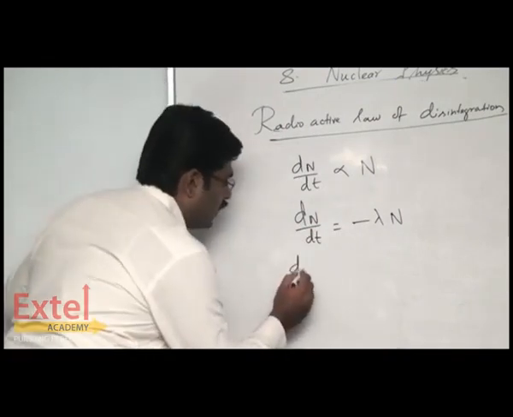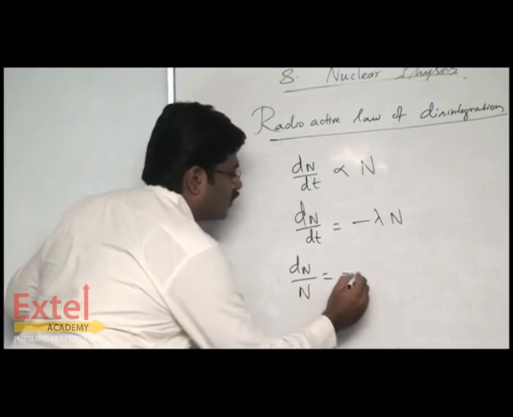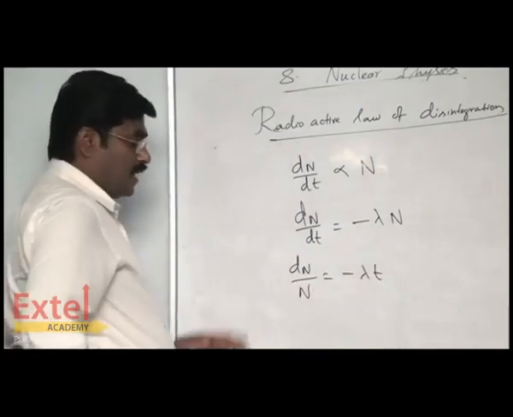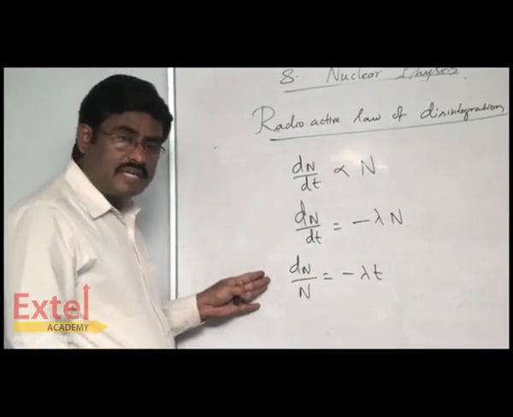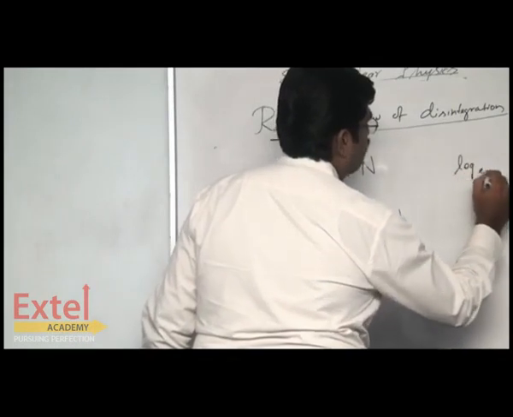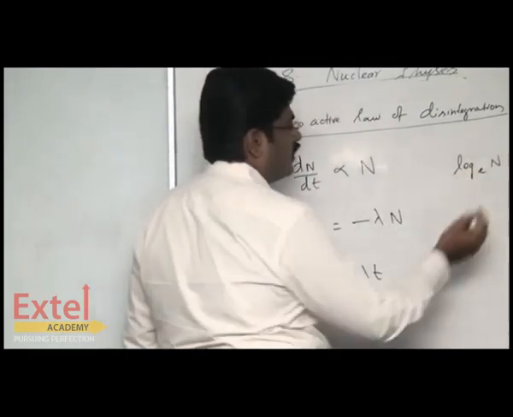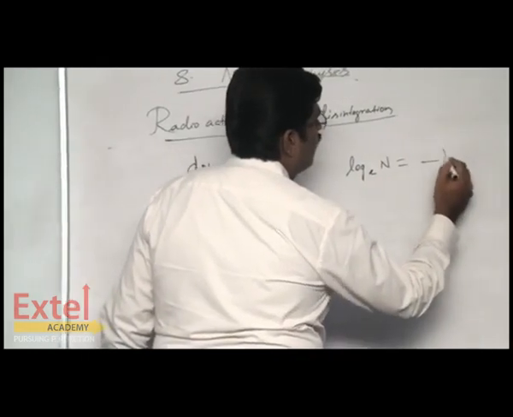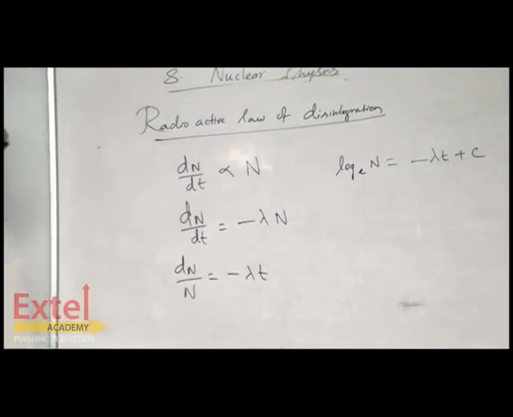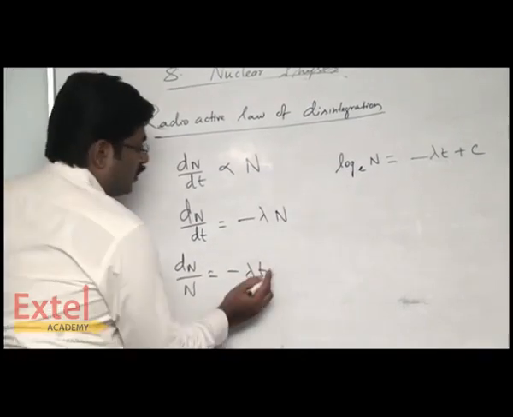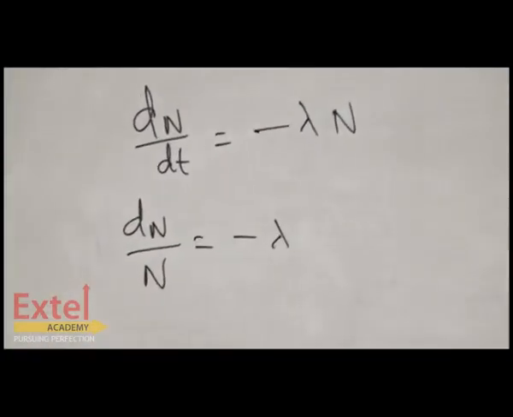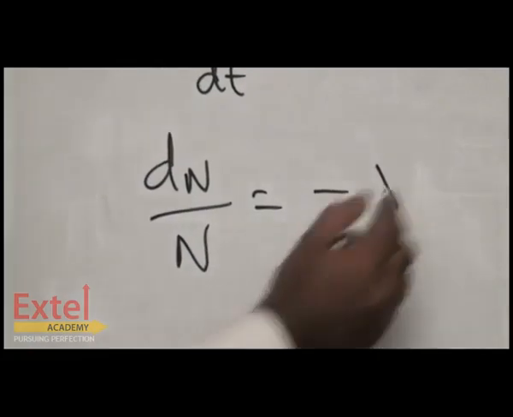So I can say dN by N is equal to minus lambda dt. And when you go for integration, you will get log to the base e of N is equal to minus lambda t plus c.